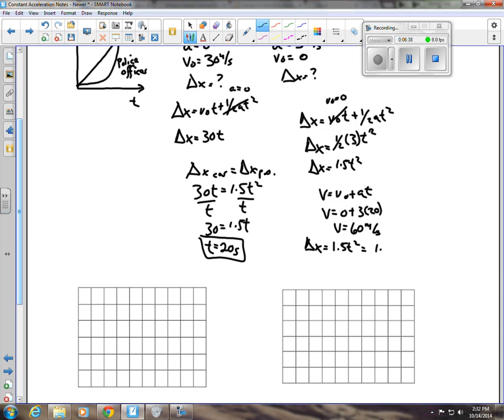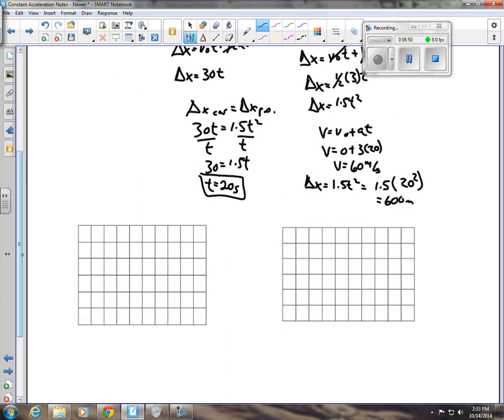So if I plug that in, I get 1.5 times 20 squared, and that's 600 meters. So now, I put this graphic down here because we can do x versus t and v versus t graphs just to see what happens.